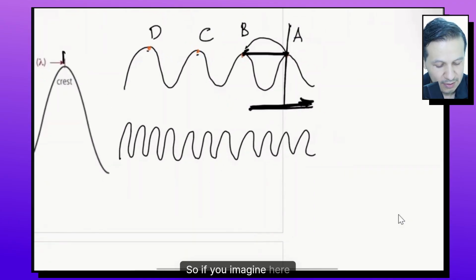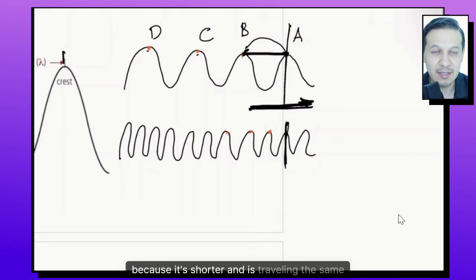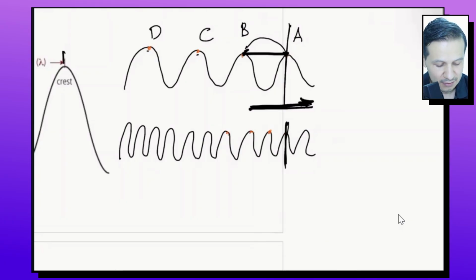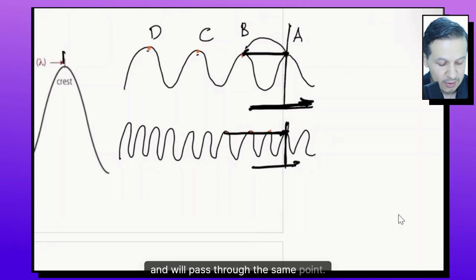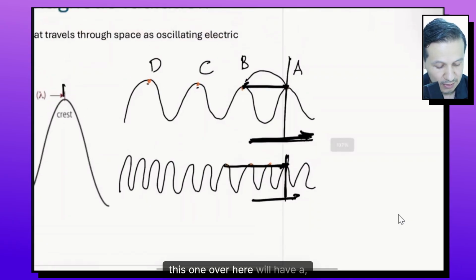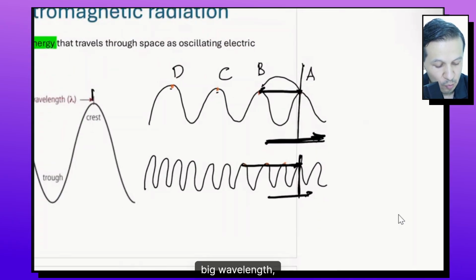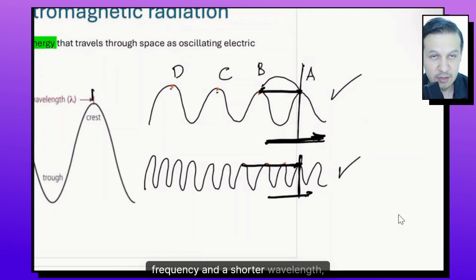So if you imagine here, there is a smaller wavelength. Let's say that this is the point. Because it's shorter and is traveling at the same speed of light, there will be more times that this energy will travel and pass through the same point. So in that case, this one over here will have a bigger wavelength but a lower frequency, and this one will have a higher frequency and a shorter wavelength.